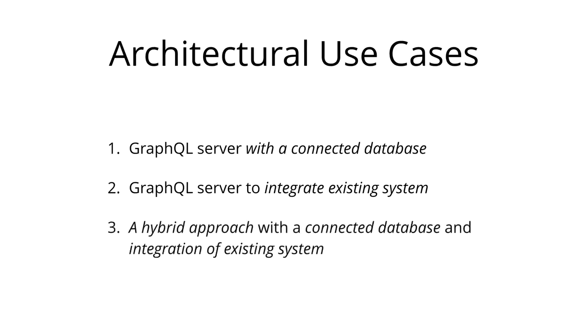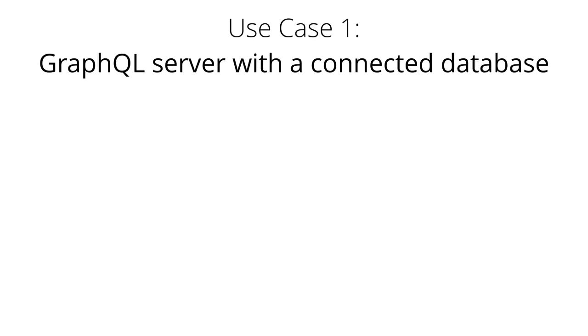The third is a hybrid approach of a connected database and third-party or legacy systems that can all be accessed through the same GraphQL API. All these 3 architectures represent major use cases of GraphQL and demonstrate the flexibility in terms of the context where GraphQL can be used.